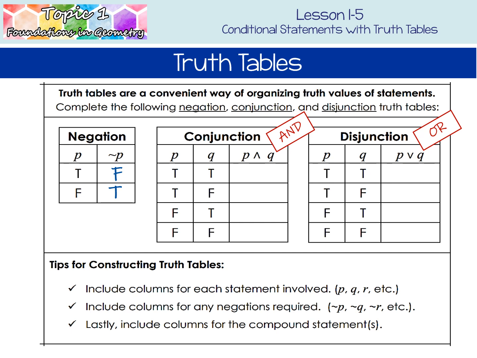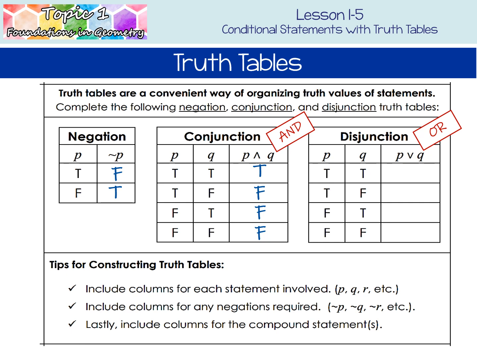Conjunction is and. So they would both have to be true to be true. And if P and Q are true, that's true. The rest of them are going to be false because for a conjunction, both the P and the Q have to be true.